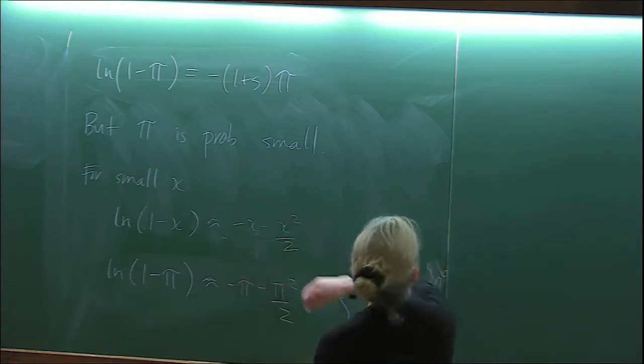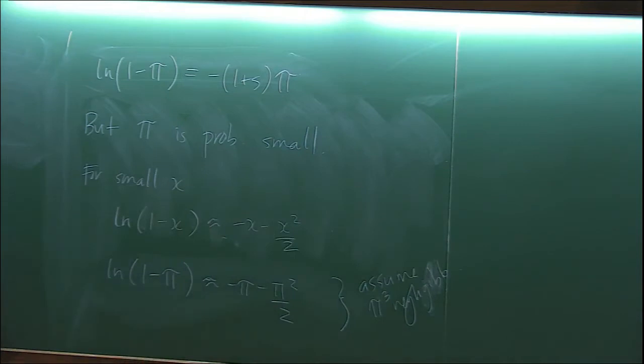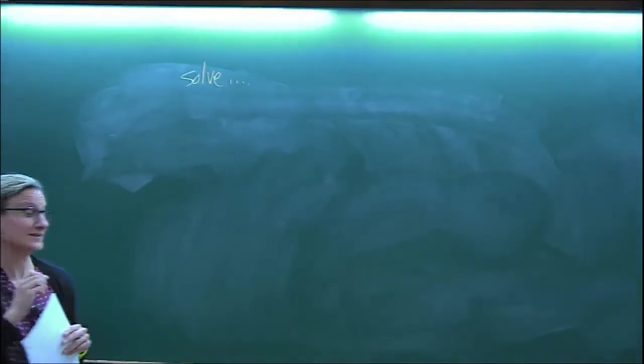So putting that in, I'll go back. In fact, you guys can do it now. Do the rest. Tell me what pi is. Yeah, excellent. And you got another root as well, right? 0, yeah.